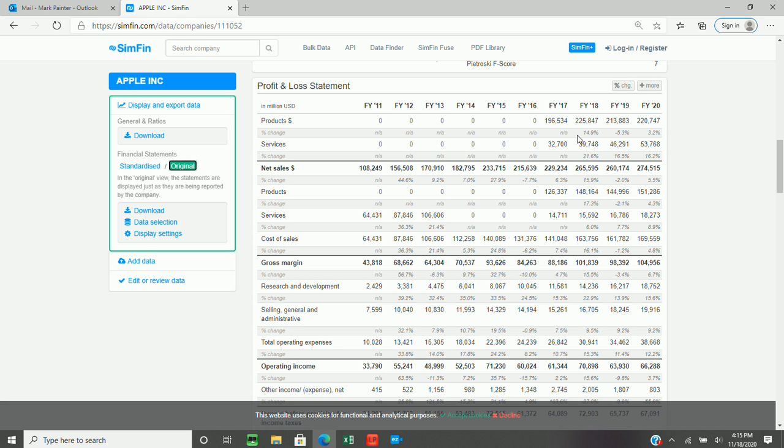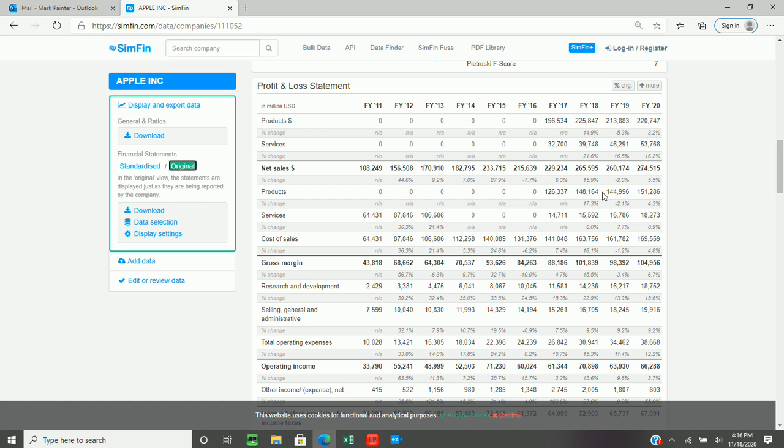And what's interesting here is, again, we have that percent change number. You can see the product sales, 15%, -5%, 3%. So the growth rate is really dropping in product revenue, and services 21%, 16%, 16%, much higher growth. That's why a company like that will break it out.